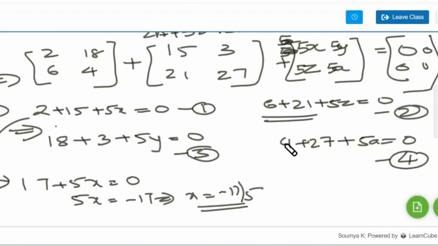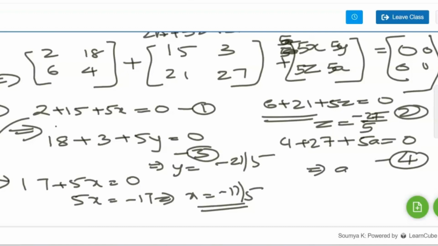Let's check the others. It will be -27 by 5. And here, if you check, it will be -21 by 5. And you can solve this, which will give you a is equal to -31 by 5.